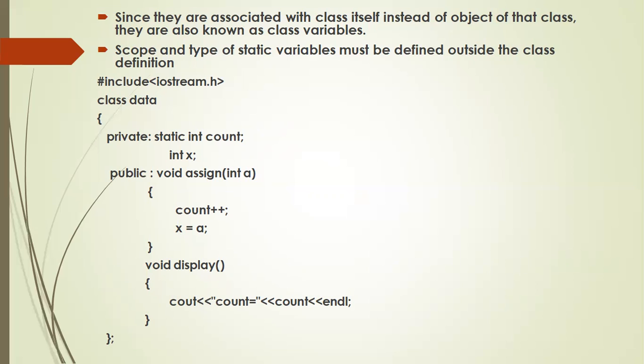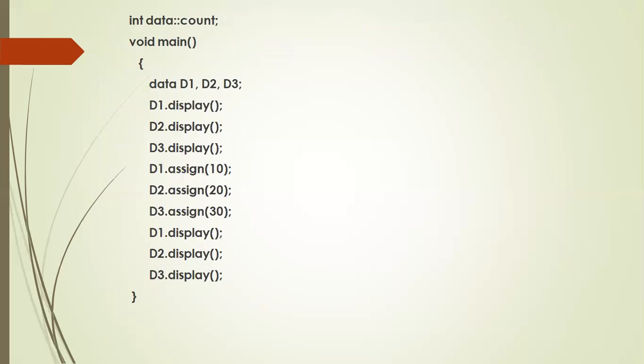Already I told you a static data member is visible within the class only. Count is declared with the keyword static, but it has to be defined outside the class. Another characteristic of a static data member is that it is not associated with any one particular object. It is associated with the whole class. That's the reason a static data member has to be defined outside the class with a syntax like this.